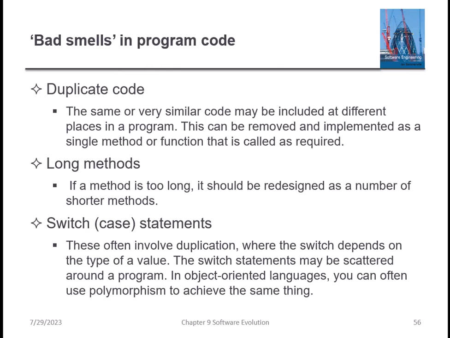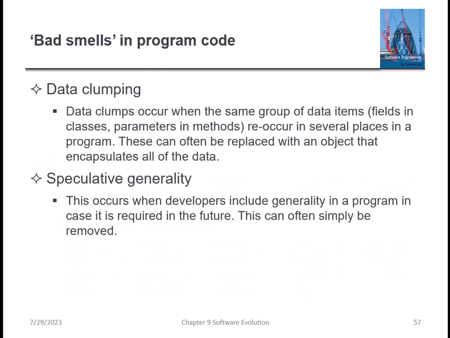Remember that long methods can affect the performance and efficiency of the program. Switch case statements often include duplication where the switch depends on the type of value. The switch statement may be scattered around a program. In object-oriented languages, you can often use polymorphism to achieve the same thing.